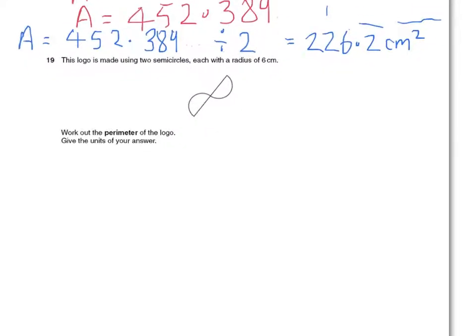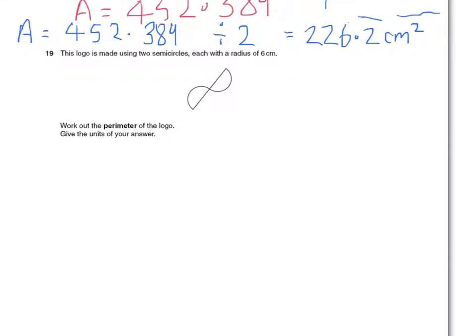On this second question it says this logo is made up by using two semicircles, each with a radius of 6 centimetres. Work out the perimeter of the logo, give the units of your answer. Firstly, we're asked to find the perimeter, which means the distance around the outside of this shape. This shape is made up of two semicircles which are exactly the same.